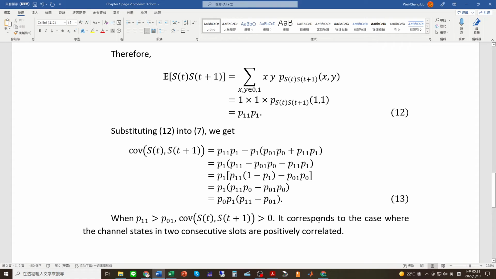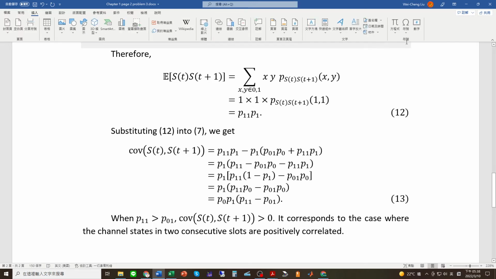So it corresponds to the case where the channel states in two consecutive slots are positively correlated. So this completes the solution of this problem.